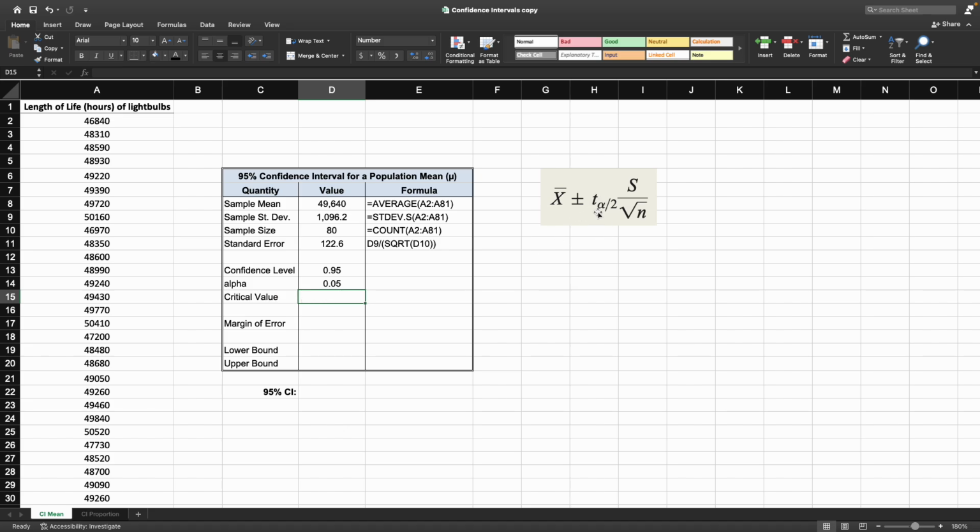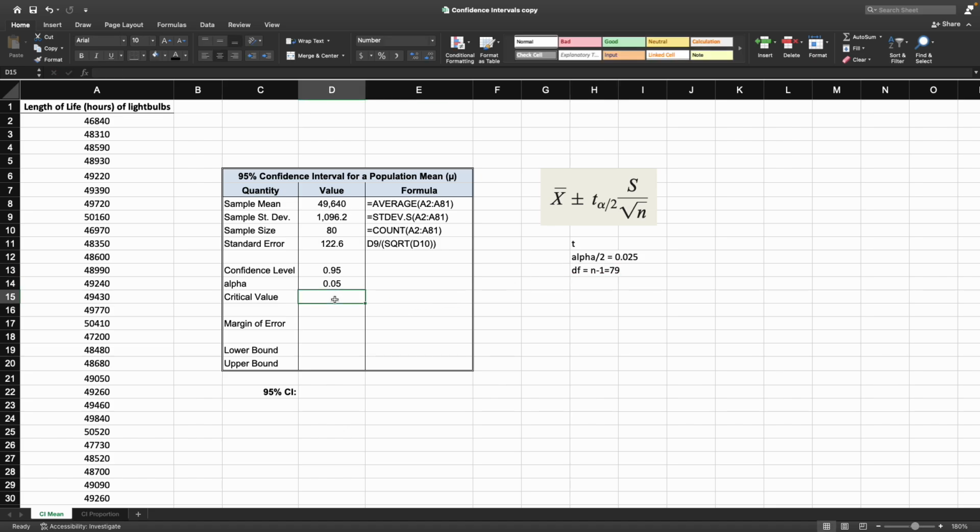So our critical value is t. So here we're going to feed it our alpha over 2. So recall that our t statistic, we have t, alpha over 2 equals 0.025, and then for degrees of freedom, it's going to be n minus 1, or just 79 degrees of freedom.